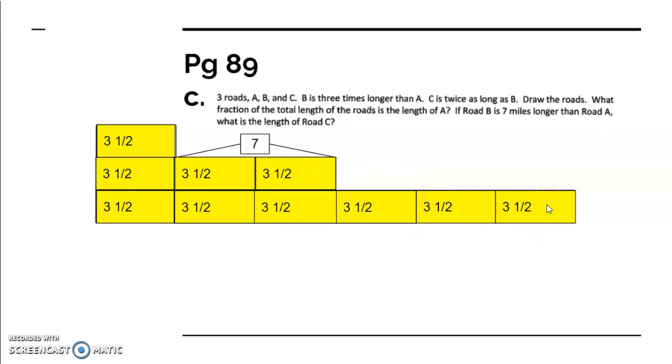You could do 6 times 3.5, or you could add 3 plus 3 plus 3 plus 3 plus 3 plus 3 together, and then a half plus a half plus a half plus a half plus a half plus a half together, and come up with the answer. It's totally up to you, but go ahead and pause so you can try to solve it yourself.